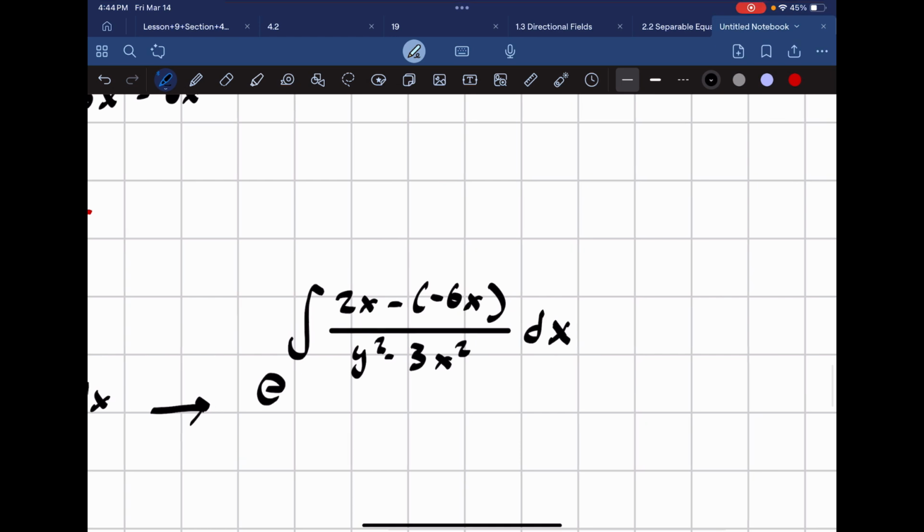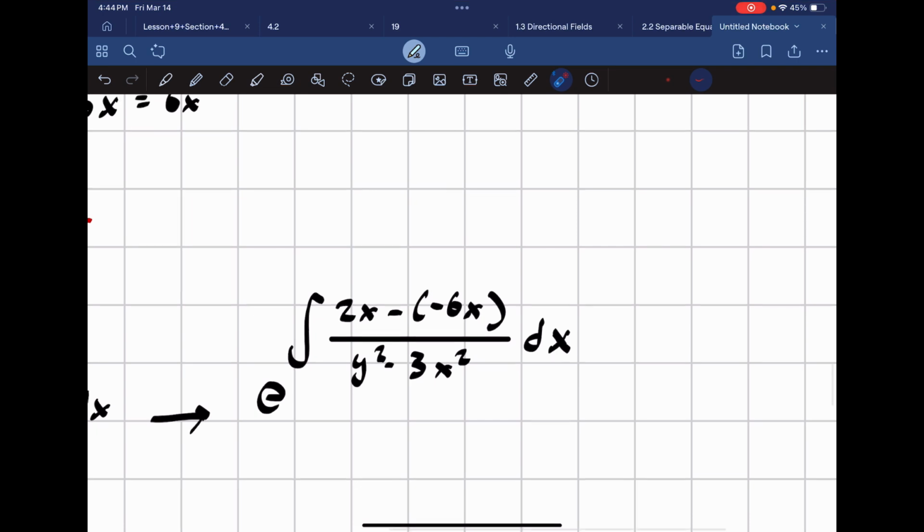What we're supposed to do here is try to factor it out and simplify it more, so it depends on one variable. So let's simplify this inner one first.